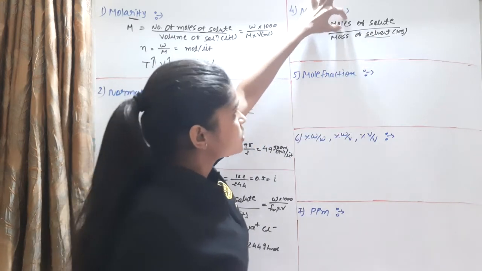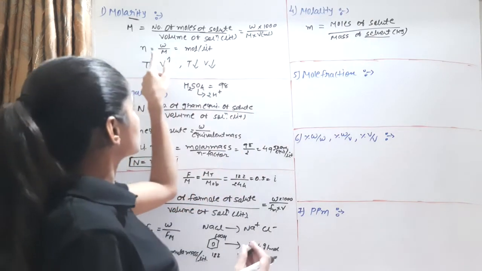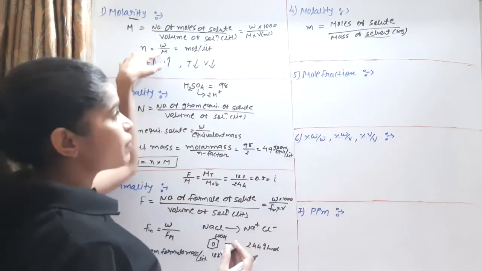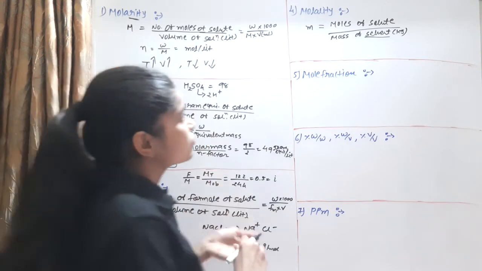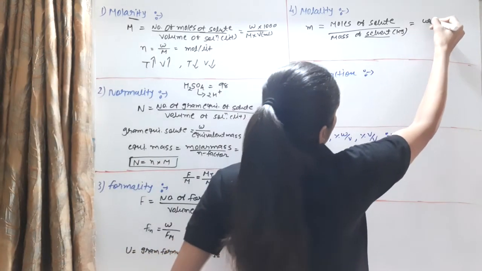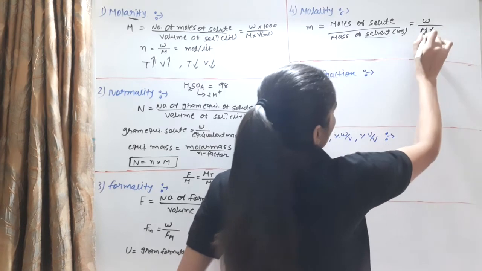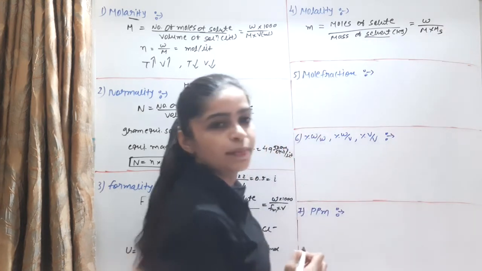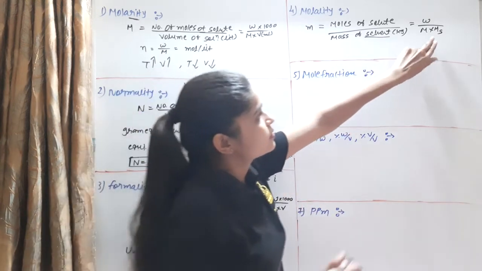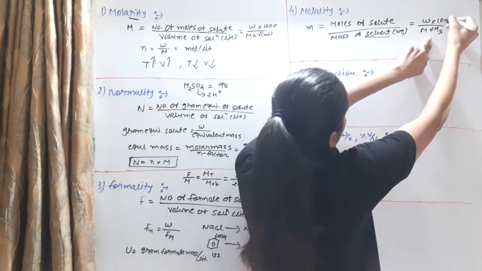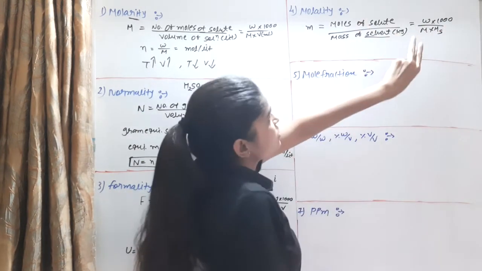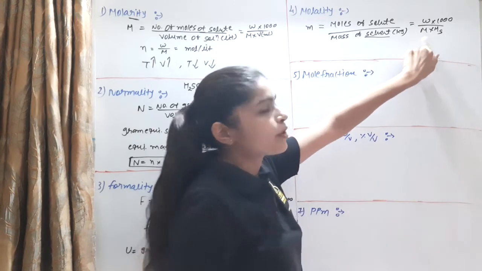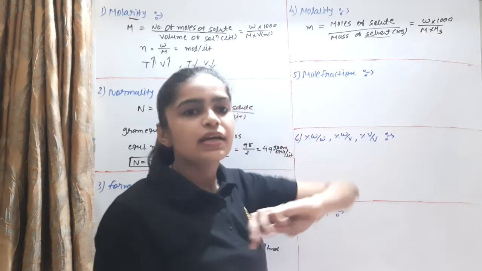Moles N is equal to W by M, where M is the molar mass. The mass of the solvent is MS, which is in gram, so it's multiplied with 1000. So molality is equal to W into 1000 upon M into MS.